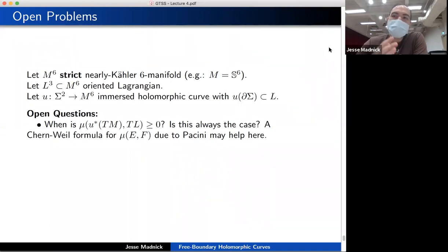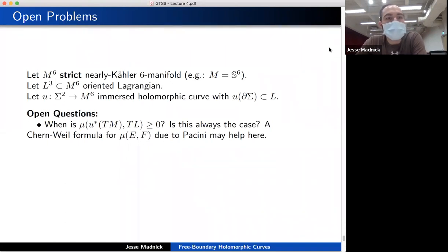Just as there are wonderful Chern-Weil formulas for the Chern classes, the Pontryagin classes and the Euler class, Piccini has noticed that there's also a Chern-Weil formula, an integral of some kind of curvature terms.